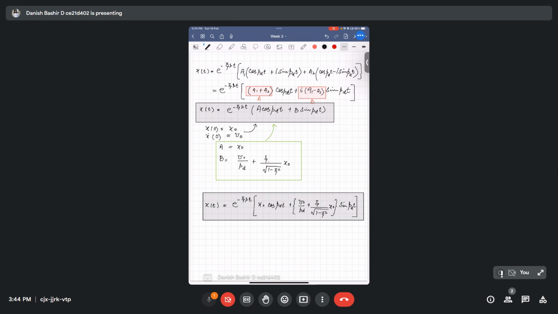So this is a sine and cos variation in our solution, but since there is a decaying term also associated with it, you can find the decaying term as e to the power minus theta pt.